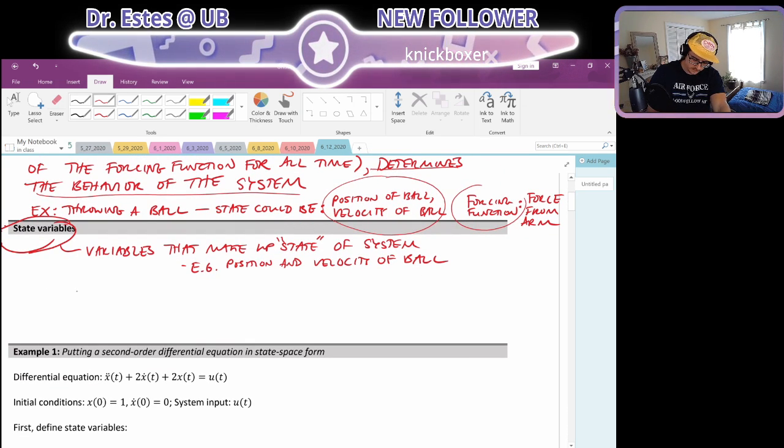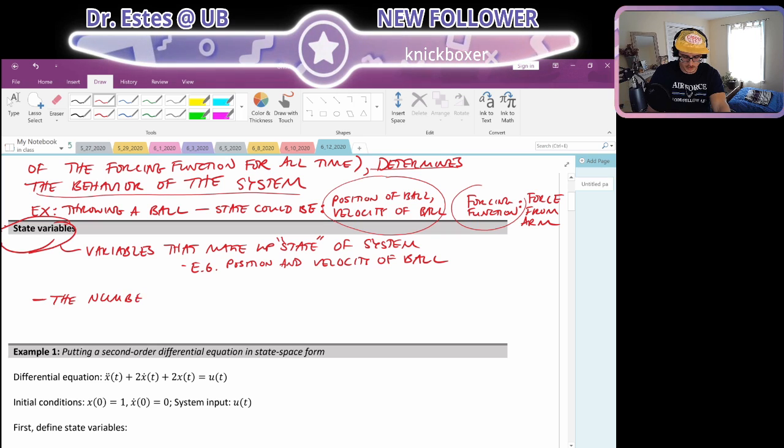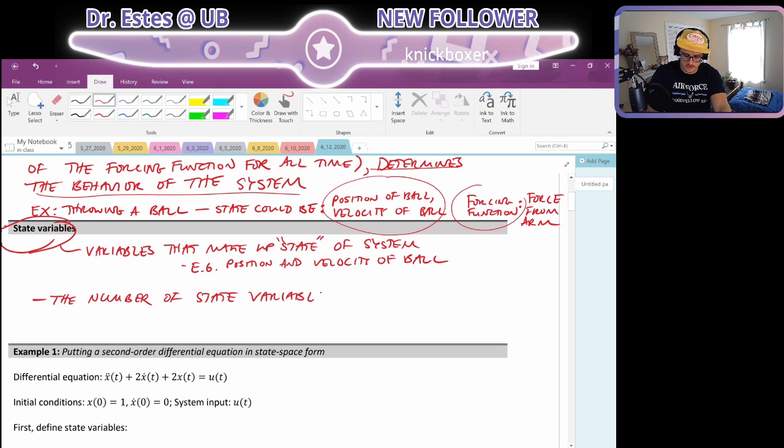Here, this is an important point I wanted to make. The number of state variables is equal to the order of the system.